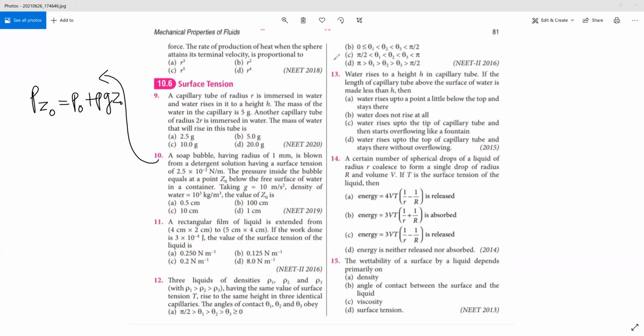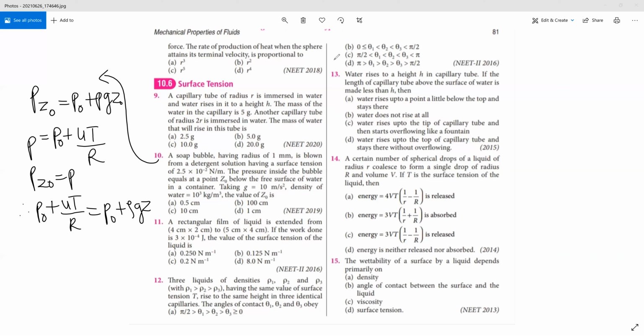Also, the pressure inside a soap bubble is given by P is equal to P0 plus 4T divided by r. As per the question, P at z0 is equal to P. Therefore, P0 plus 4T divided by r is equal to P0 plus rho g z0.